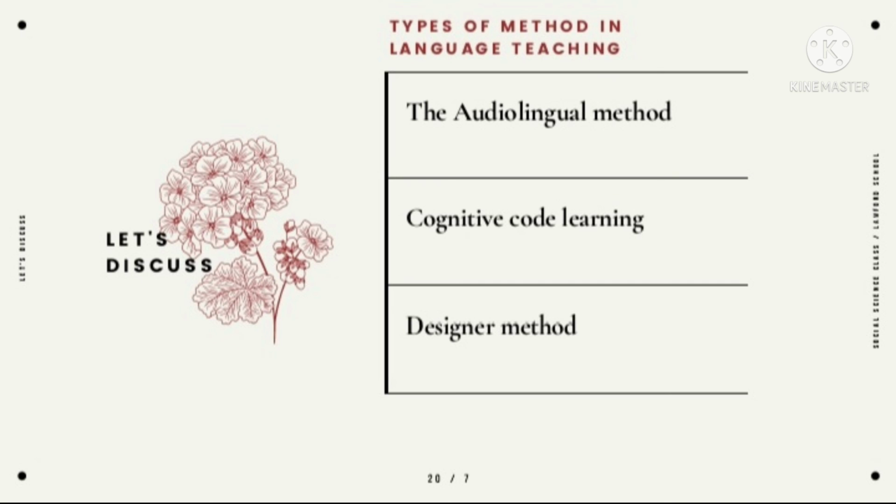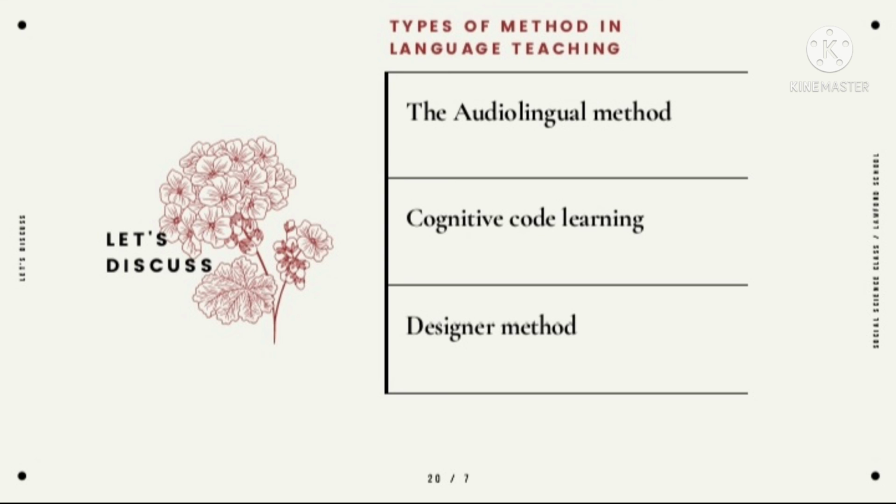And the last is the natural approach. This approach aims at the goal of basic communication skills, that is, everyday language situations. This method combined the silent way and the TPR method.